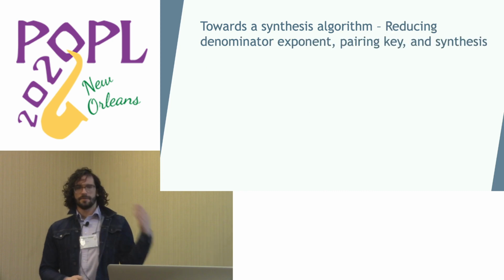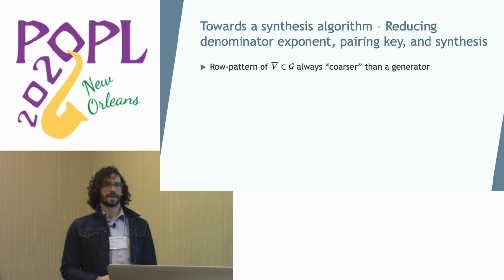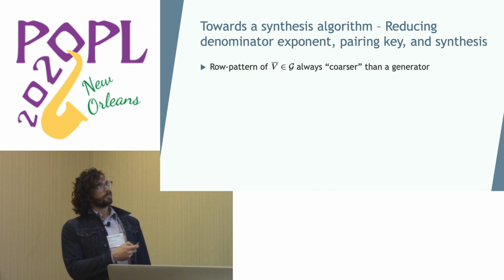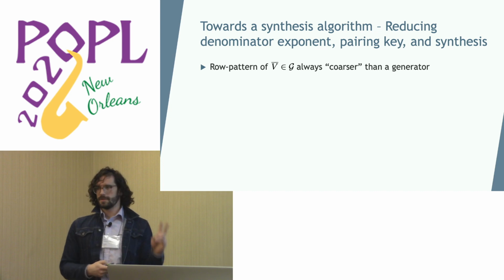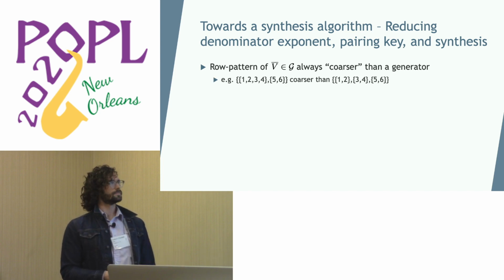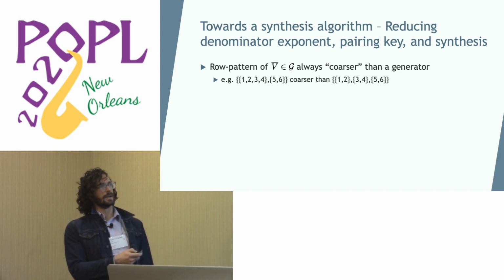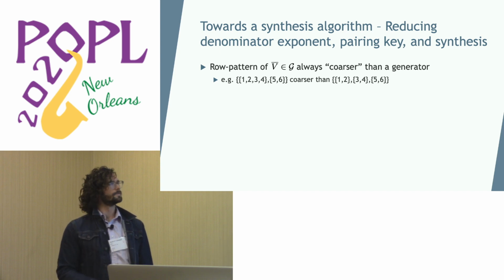And so we can use this observation to come up with a synthesis algorithm where we recognize that the row patterns of these elements of G are always coarser than at least one of these generators in our set S. And by coarser, I basically mean this set is coarser than this one because this one is a finer partition of this other set here.